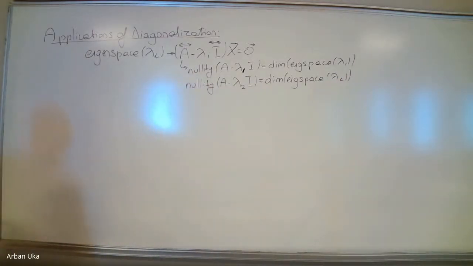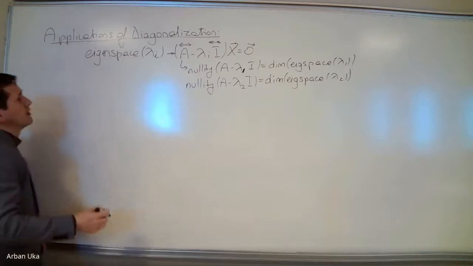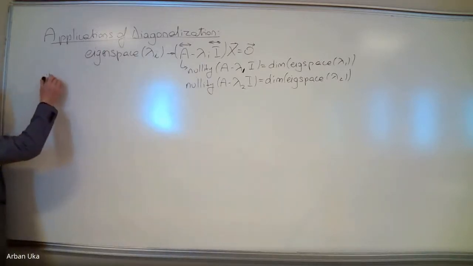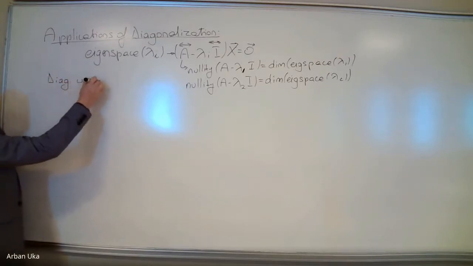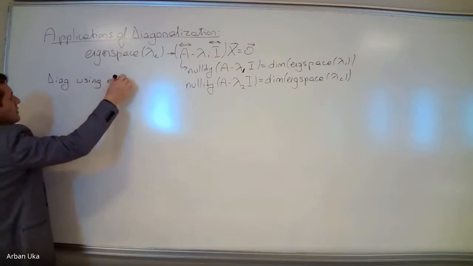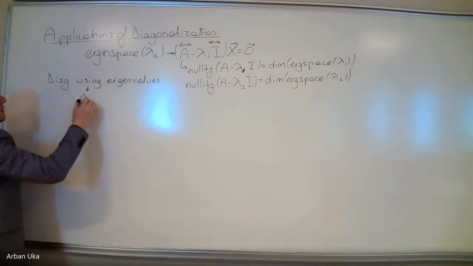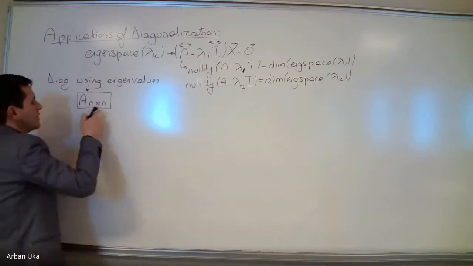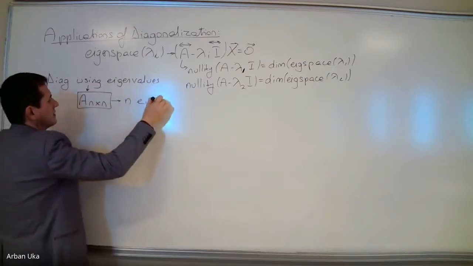So we discussed these, and we care a lot about them. By the way, when we talk about the diagonalization using eigenvalues, this is possible only for these types of matrices, which are square, and for this one we need n eigenvectors.